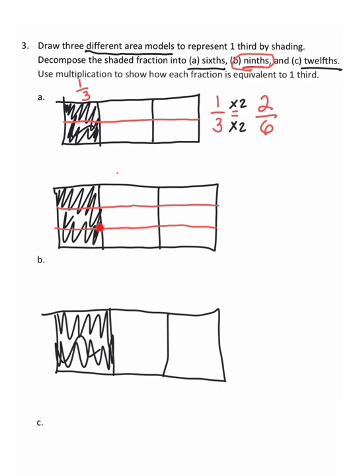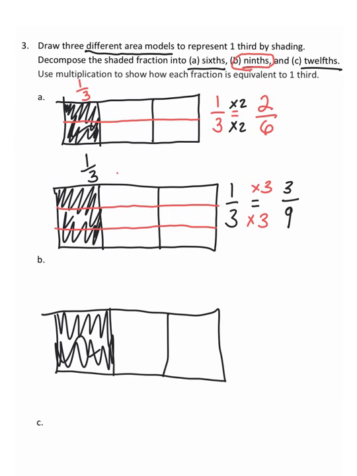And I have 3 shaded in. And I started off having 1/3. And I now made it into 3/9. And how did I do that? Well, I made 3 rows. So I am multiplying by 3 to get to 3/9. And there's my multiplication sentences.